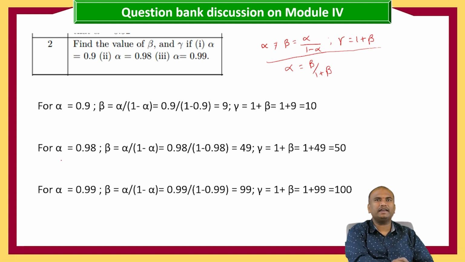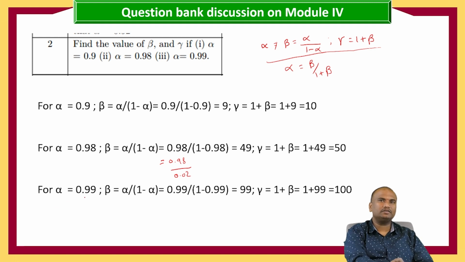For the second case, alpha is equal to 0.98. Beta is equal to alpha by 1 minus alpha, which is 0.98 by 0.02, which gives 49. So gamma is equal to 1 plus beta, which is 1 plus 49, which is 50.